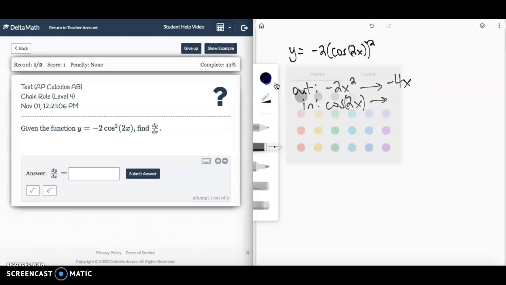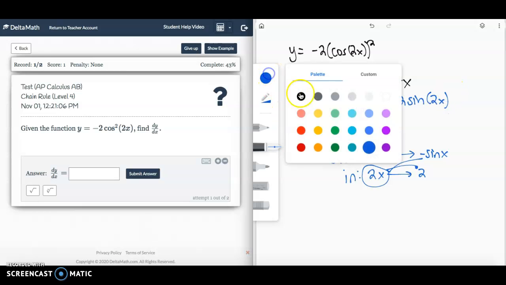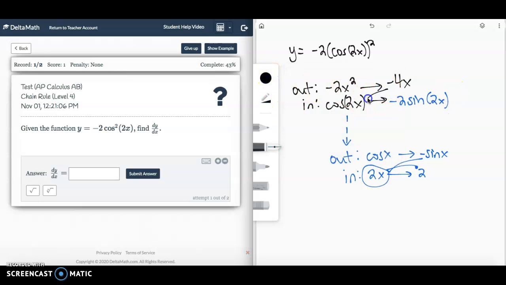Derivative of this requires a sidestep chain rule. Aha. Sneaky, DeltaMath. Negative sine of 2x, times 2. Derivative of the outside, keep my inside the same, times the derivative of the inside. So this would be negative 2 sine of 2x. Then we have to go back and finish our original chain rule. Derivative of the outside, keep my inside the same, times the derivative of the inside.